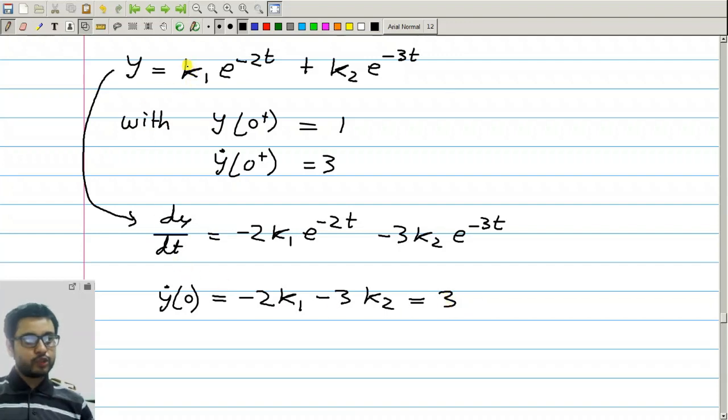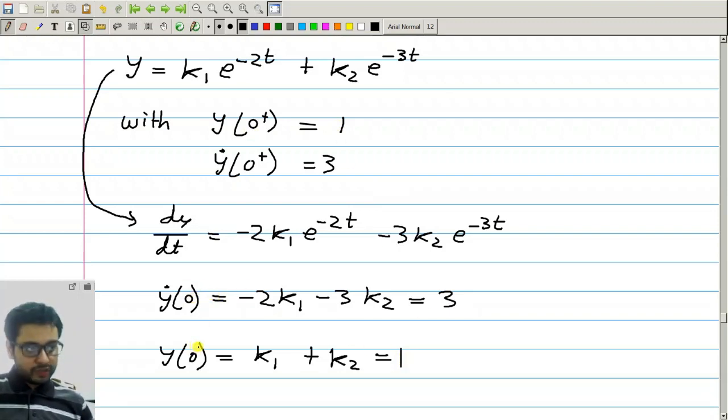And if you put in this equation t equal to 0, then we will have y(0) is equal to k1 plus k2. This is given as 1.